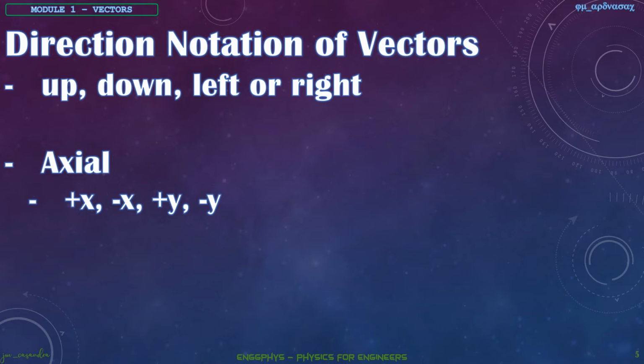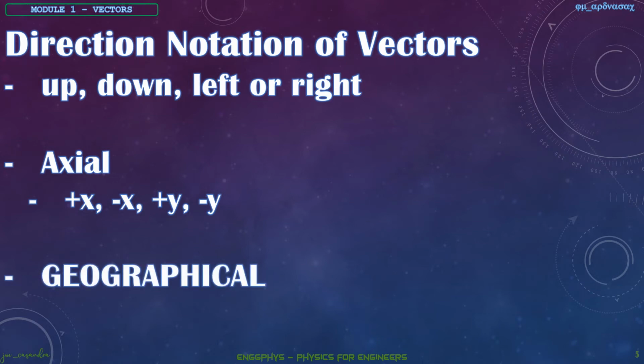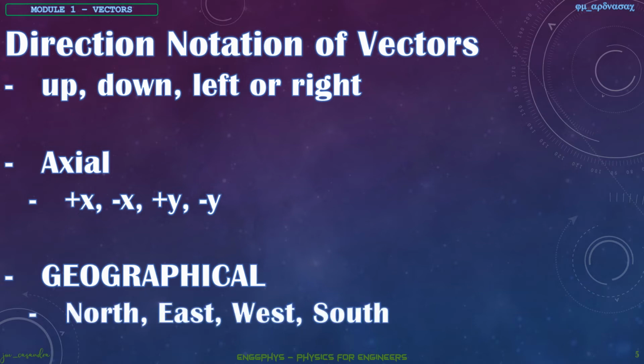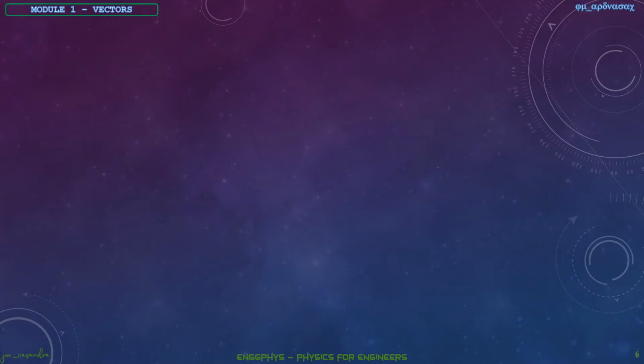Kung 3D naman siya, the directions would include your positive and negative z axis. And then, we have your geographical directions, which is more commonly used for 2 dimensions. So we have your north, east, west, and south.